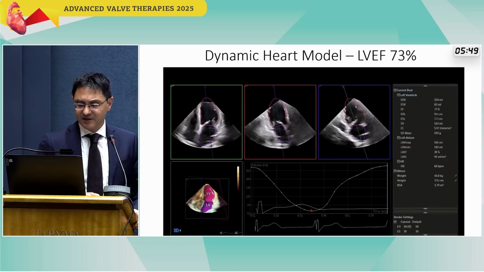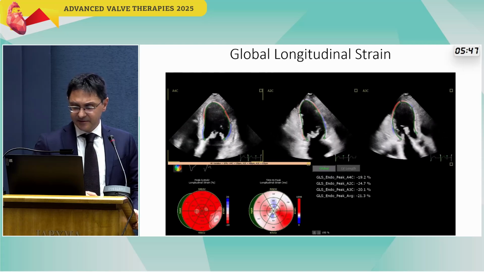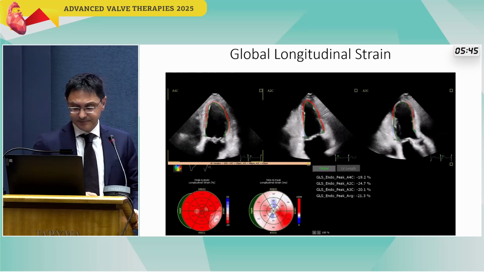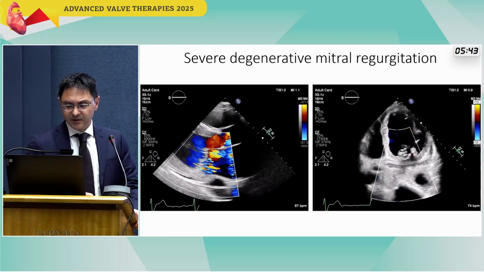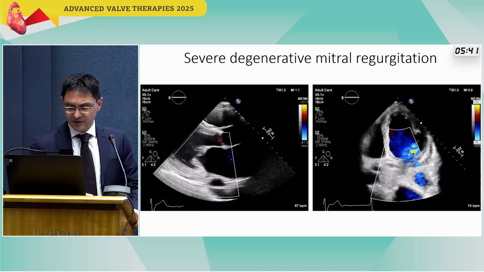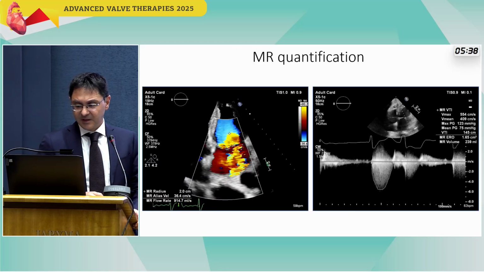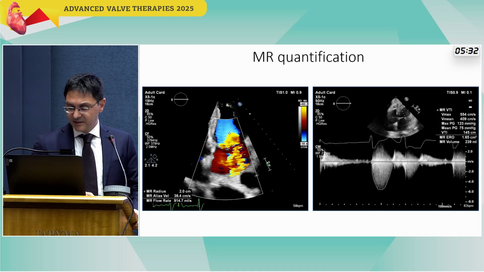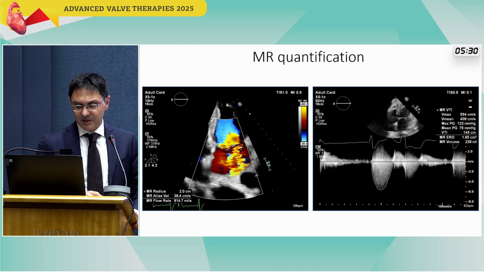We see the dynamic heart model and the global longitudinal strain. Severe degenerative mitral regurgitation, as we said, and the quantification of the regurgitation with the ERO of 1.65 square centimeters.